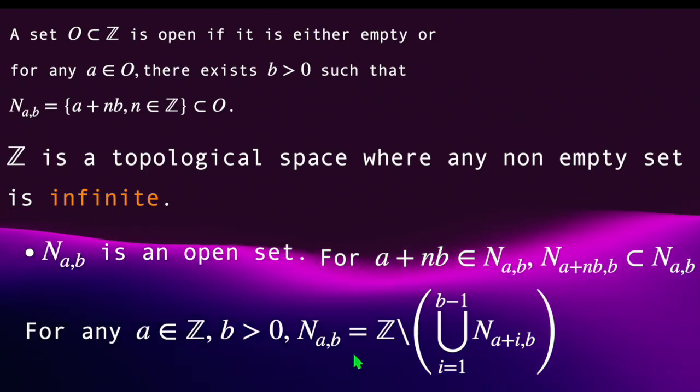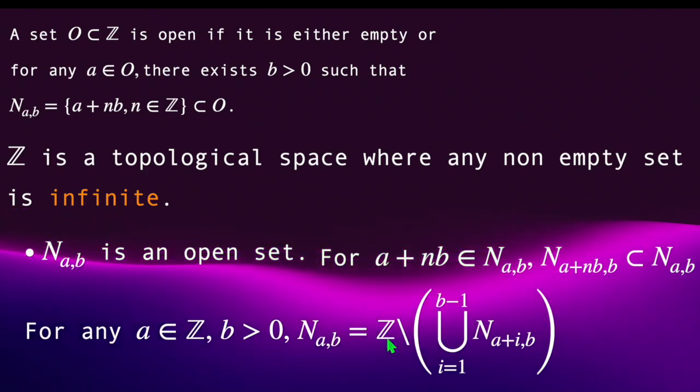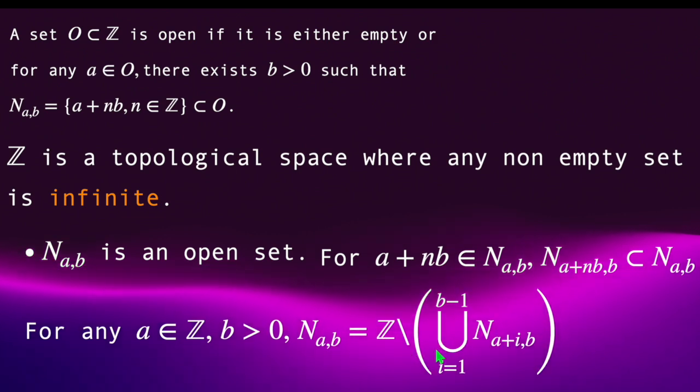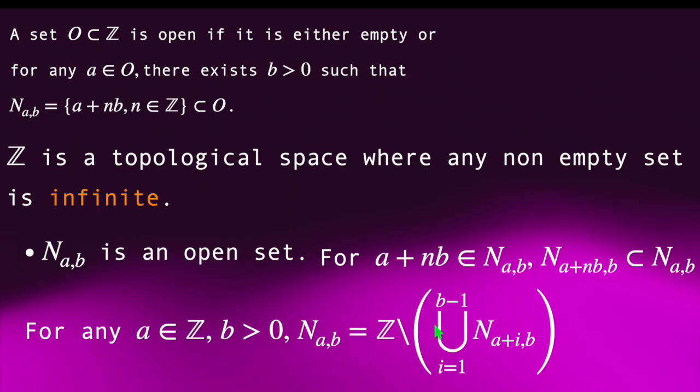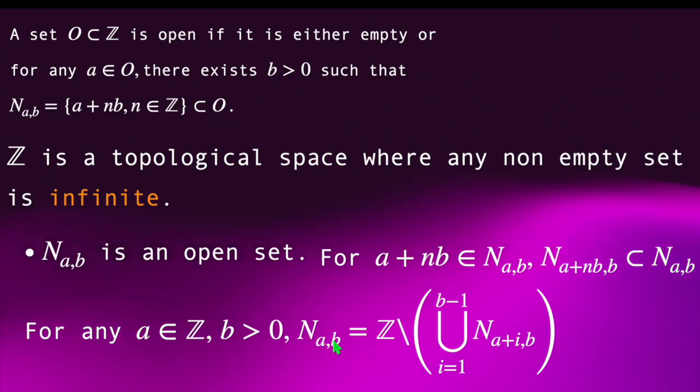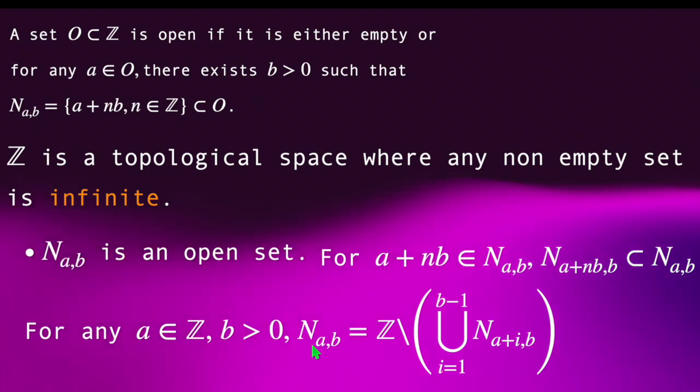So if we establish this relation, since this union is closed, we deduce that NAB is closed. So if we show this equality, we will deduce that NAB is closed. This means that NAB is at the same time open and closed.